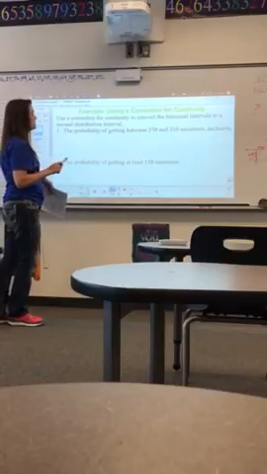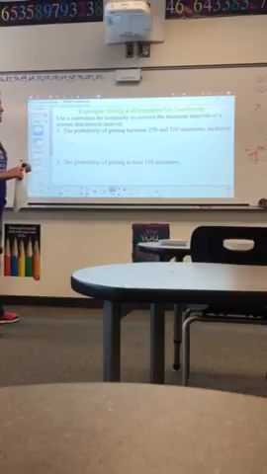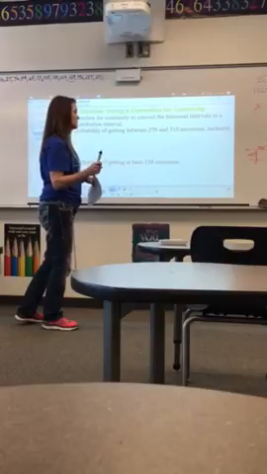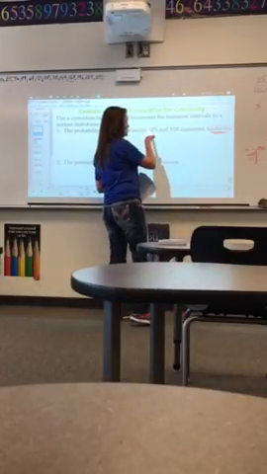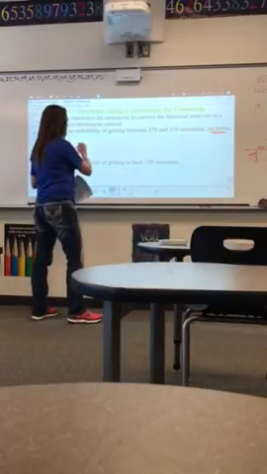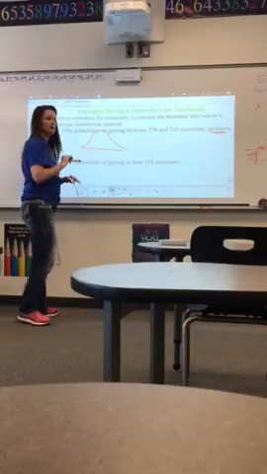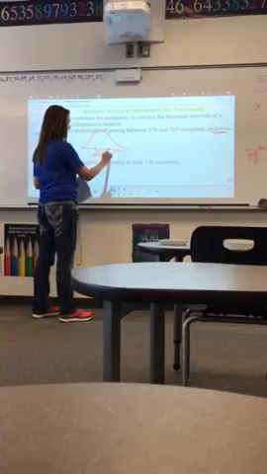Use a correction for continuity to convert the binomial intervals to a normal distribution interval. The probability of getting between 270 and 310 successes inclusive, kind of a key word there. So that includes 270 and includes 310. So if you looked at this on a curve, and I don't know what the mean is, I'm not getting into that yet, but it would be like, okay, 270 to 310.